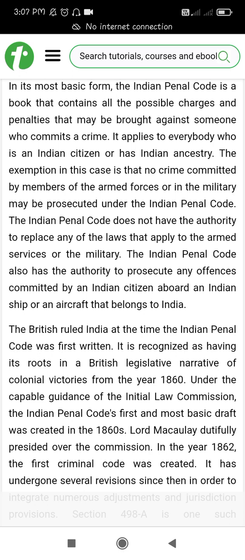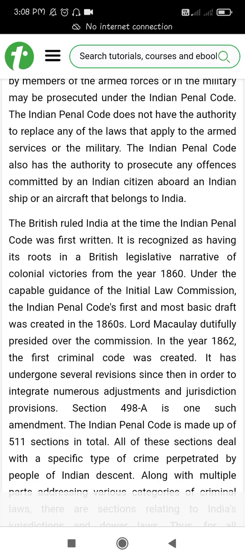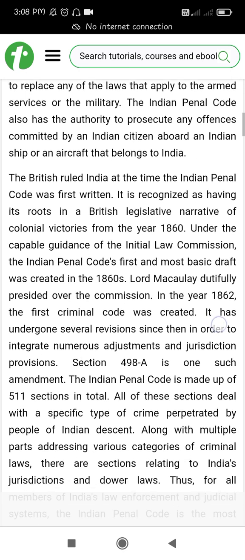The Indian Penal Code also has the authority to prosecute any offences committed by an Indian citizen aboard an Indian ship or an aircraft that belongs to India.